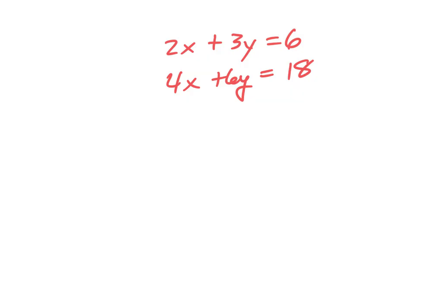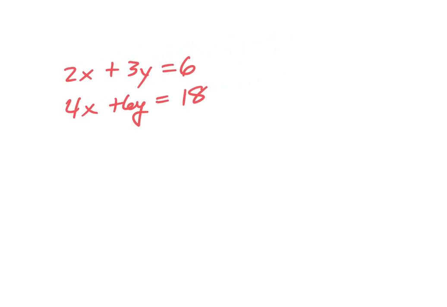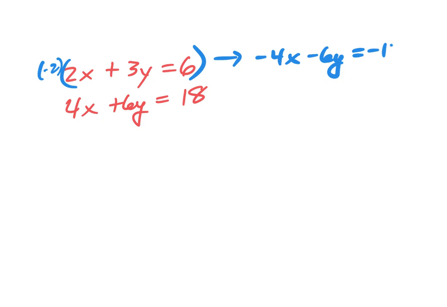It really doesn't matter which one I do, okay? So let's say I'm going to make these 4 and -4. So I'm going to multiply the top by -2. So that would become -4x minus 6y equals -12. The bottom one stays as is.